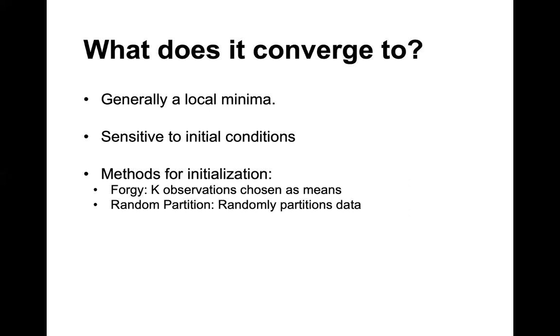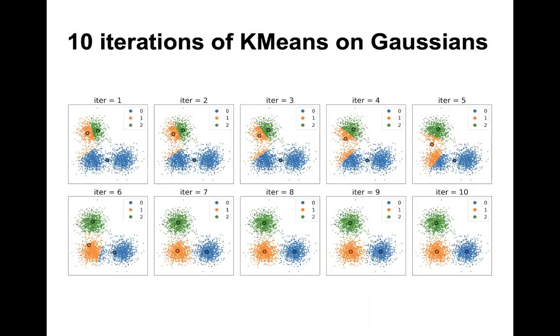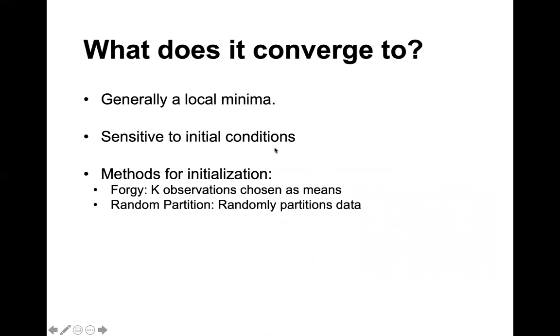One heuristic, the Forgy method, basically says, let's just take K random observations and make those our means, and that way at least you know that the initialized positions are really close to the data. Imagine here, there's nothing stopping me if I just say randomly give me 3 points, all 3 points could be way off this XY axis. So what if we actually say, just give me 3 random observations and those will be my centroids? That actually ends up giving you a little bit better results.